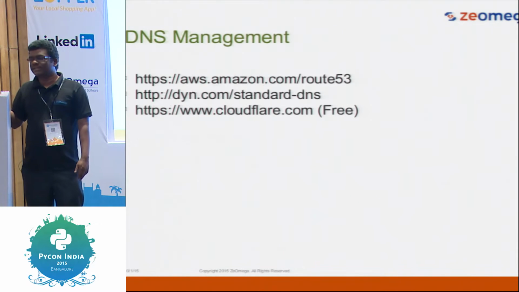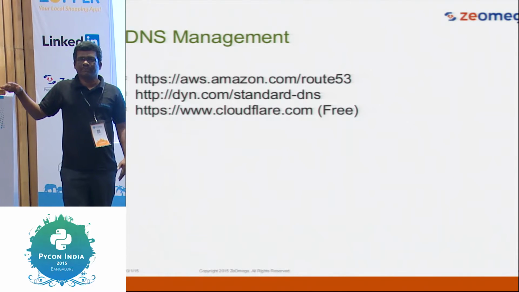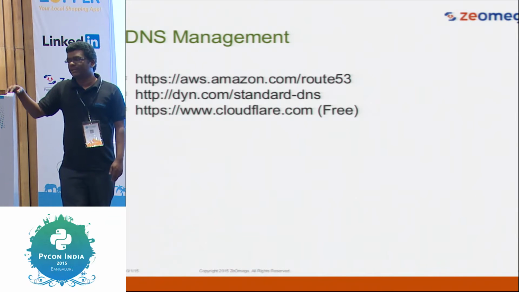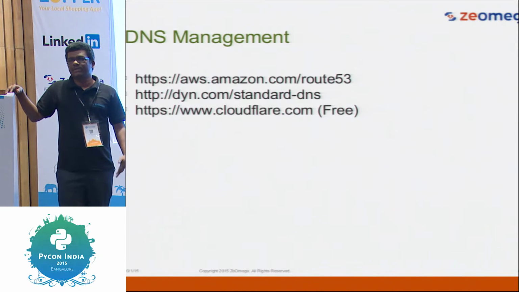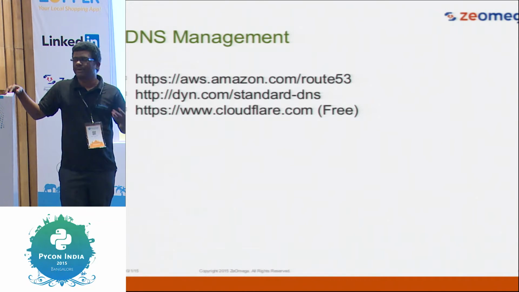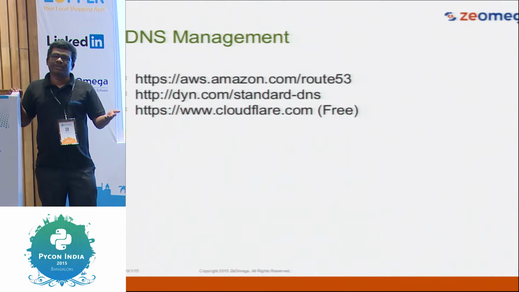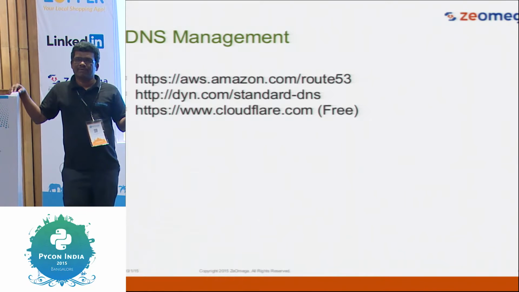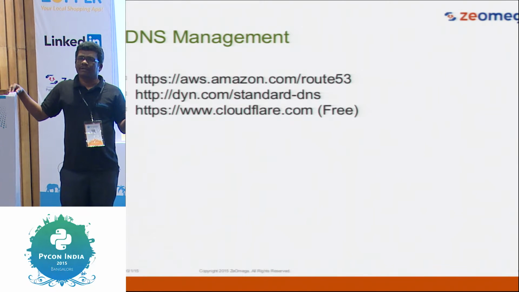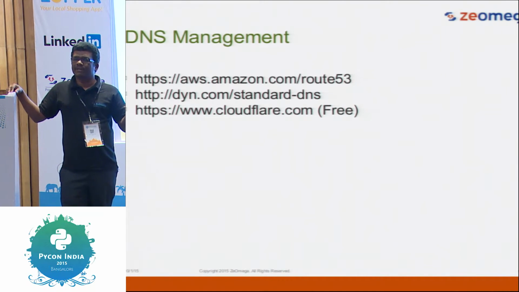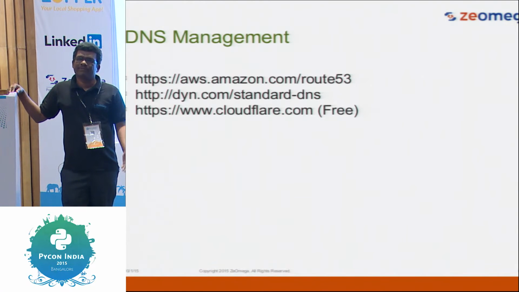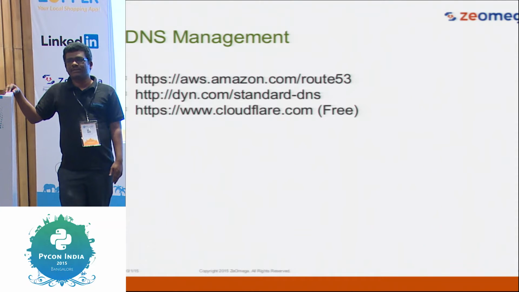Okay. The next thing you need is DNS management. Once you purchase a domain and you are the owner, you need to use some DNS server, so that you can specify where your backend server is located. There are various types of DNS records, and you can manage all those things using a DNS service.